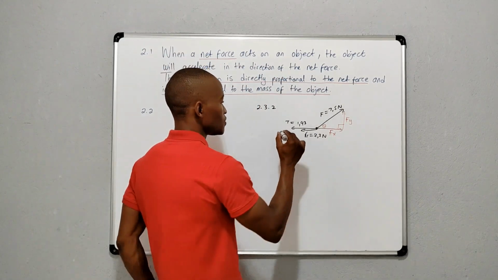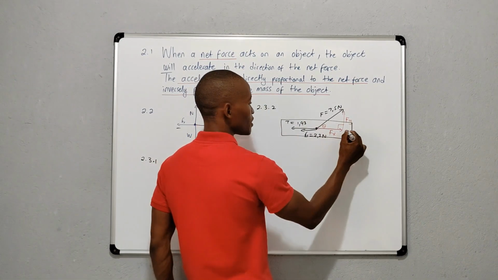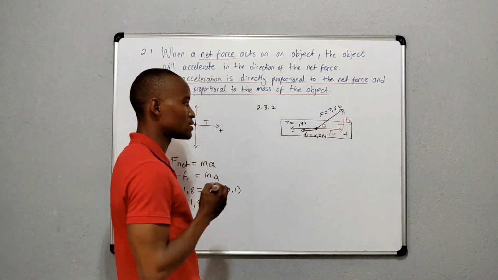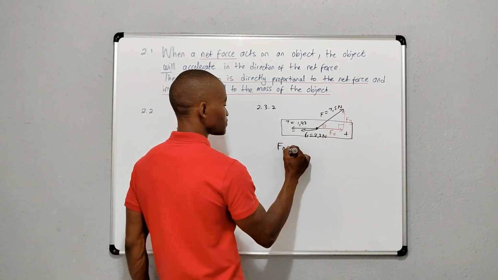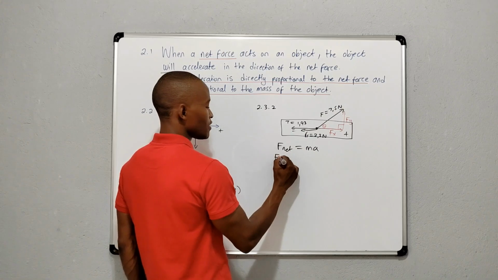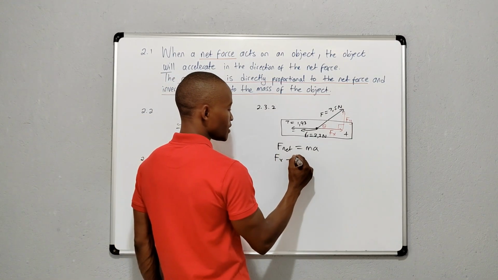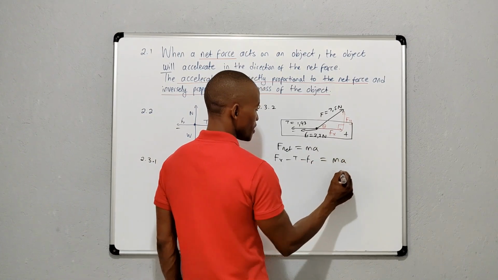So we take only these three forces. Motion to the right is positive, motion to the left is negative. So F net is equal to ma.